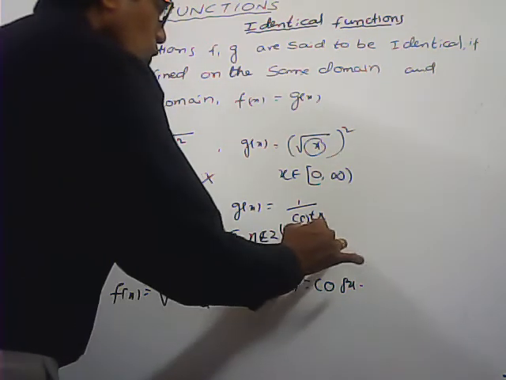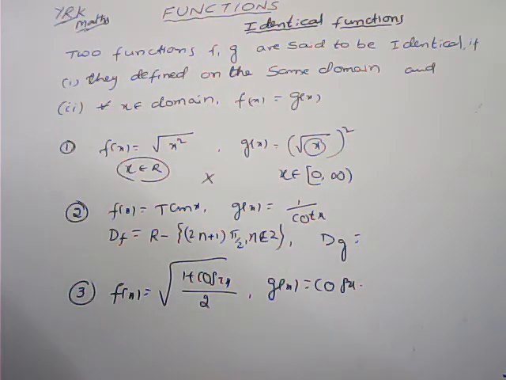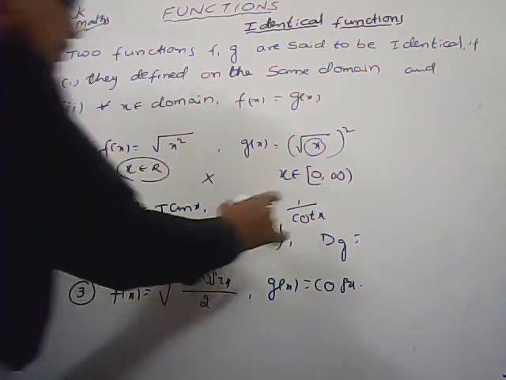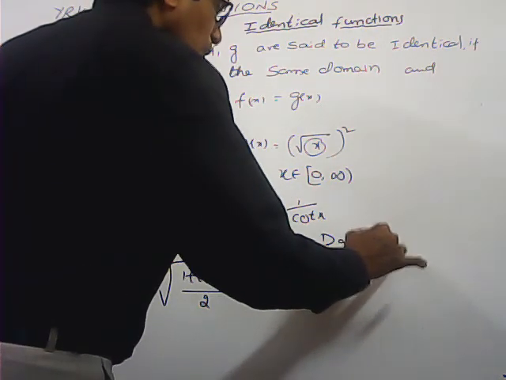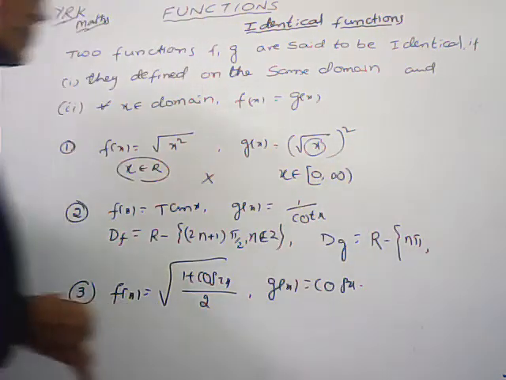And here the domain of g, 1 by cot x is given. Cot x doesn't exist for n pi. Tan 0 is 0, cot 0 is undefined. Cot doesn't exist for the set of all real values minus n pi, n belongs to Z.